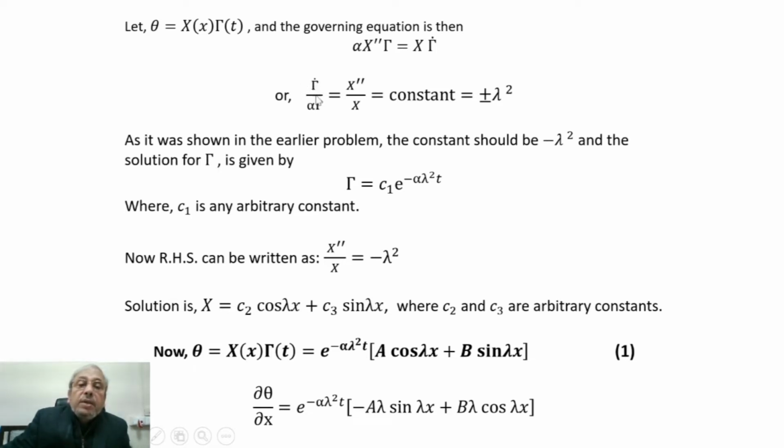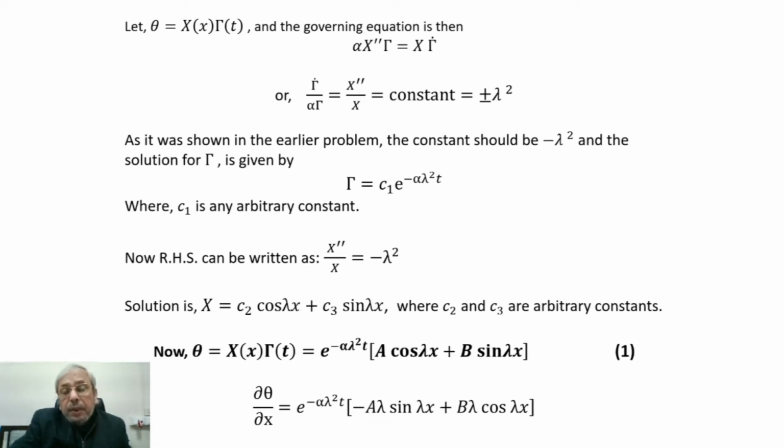So Γ dot divided by alpha Γ equals X'' by X, and that is a constant, and this can be plus or minus. The separation constant is given by lambda squared.